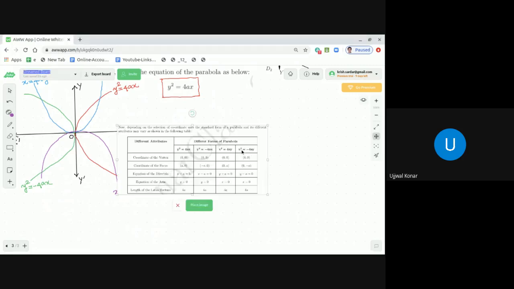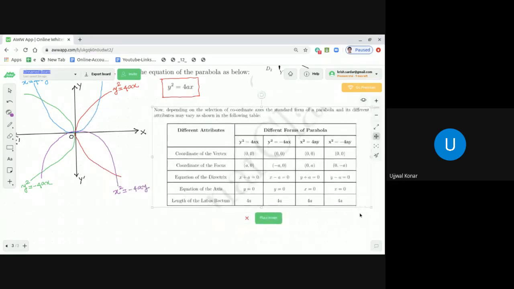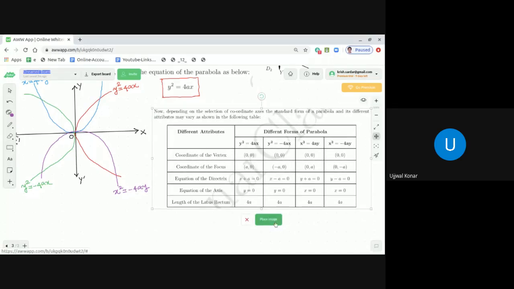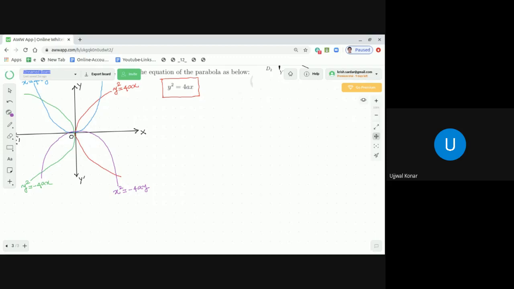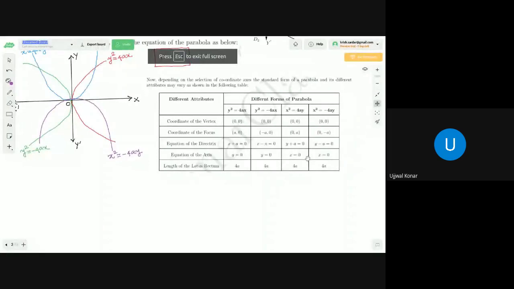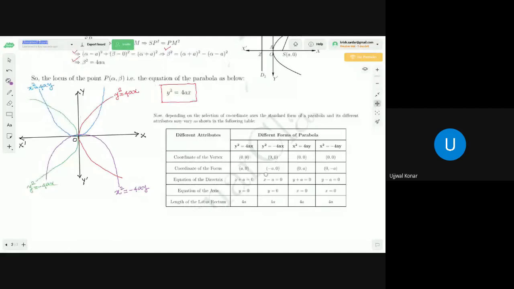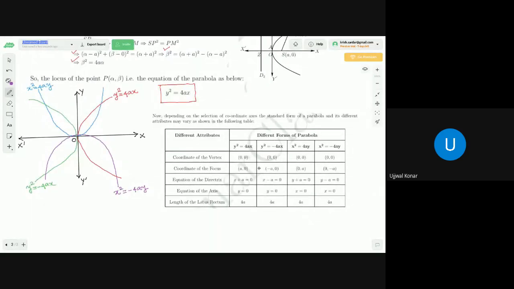Let me see whether it fits in this table or not. Yeah, it actually fits. So good. If I make this full screen, depending on the selection of the coordinate axis and the standard form of a parabola, its different attributes may vary as shown.